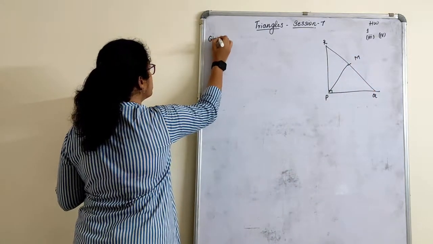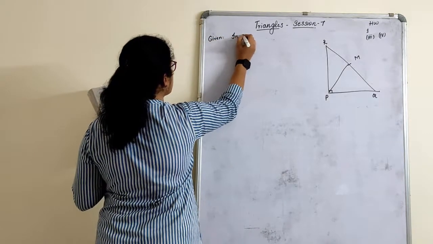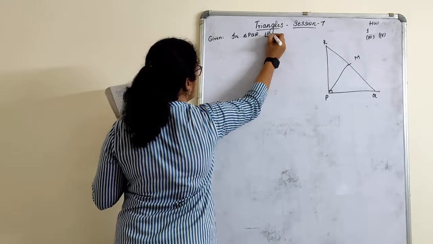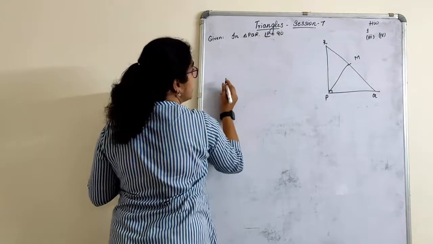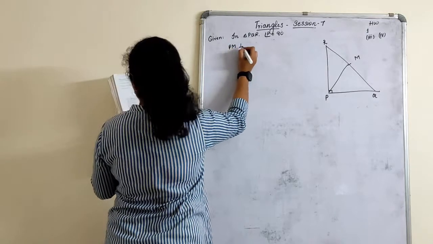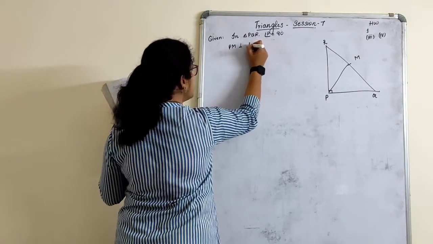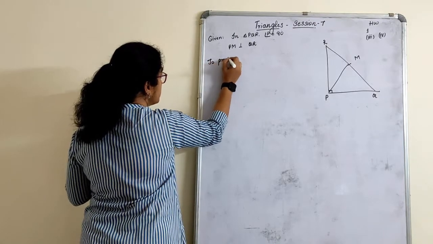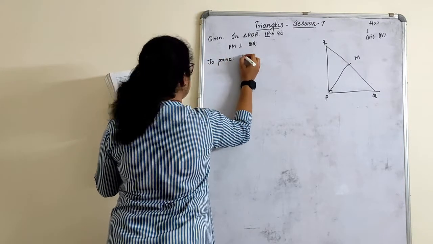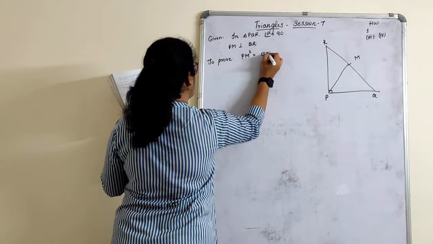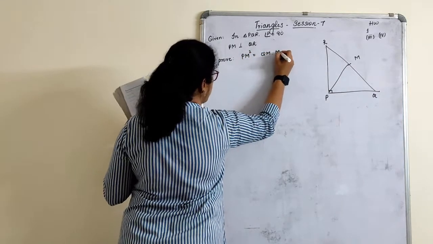Given: in triangle PQR, angle P is equal to 90 degree. Simply you write here PM perpendicular to QR. To prove, PM square is equal to QM into MR.